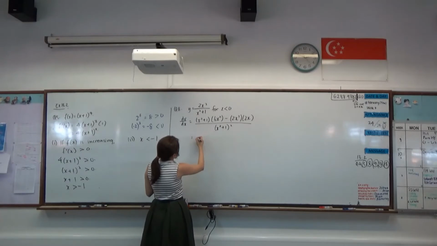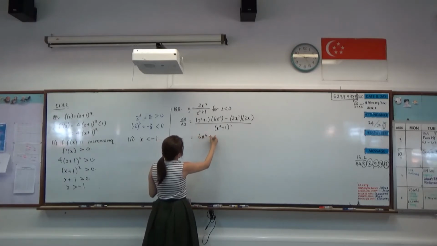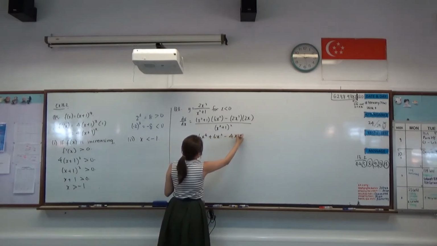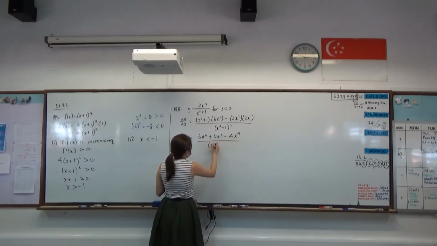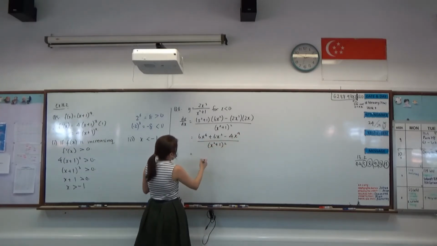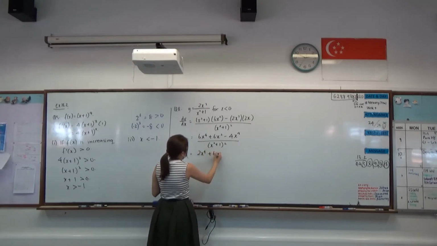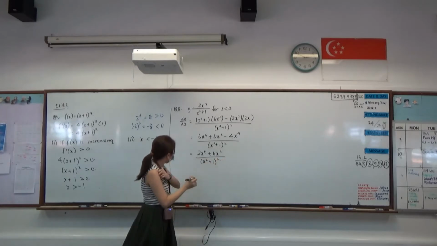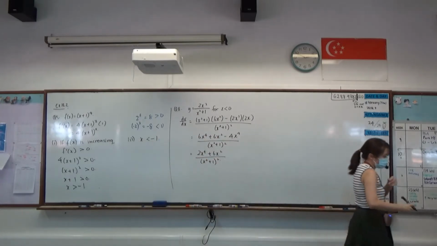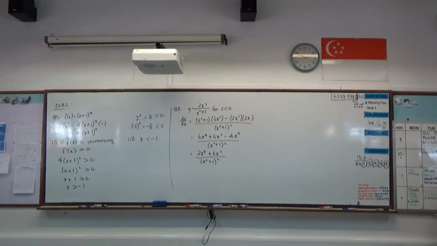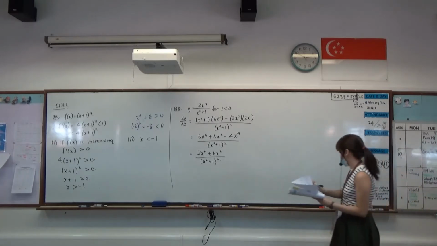And we can simplify this, we get 6x to the power 4 plus 6x squared minus 4x to the power 4, so 2x to the power 4 plus 6x squared over (x squared plus 1) squared. Right? Am I right? Okay. So now we want to explain why y is an increasing function.